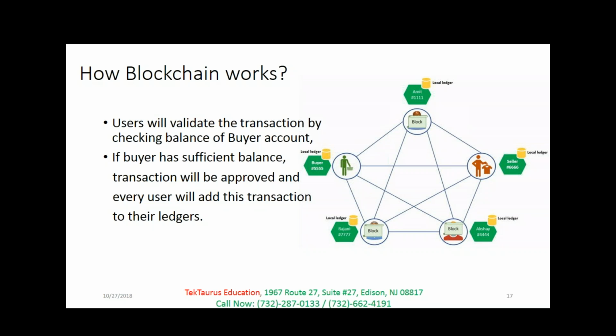So it works on the same ideology. Every user in the network validates the transaction, checks the balance and all the other things. If every user says yes, I have validated everything and it is okay, then the fund will be transferred and approved.